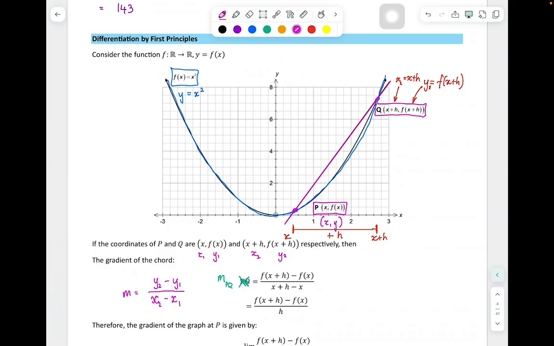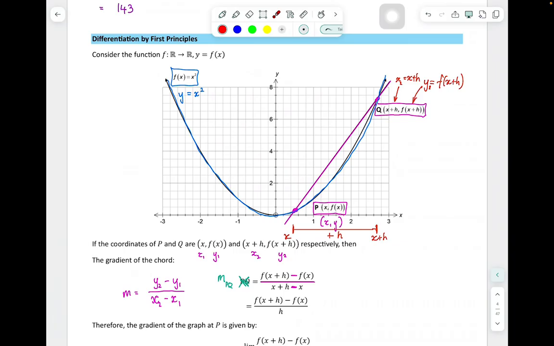Again, you can see the structural framework here of finding the gradient with the vinculum or the dividing line and our two minuses in between each term. The reason why it looks like this final form is because the x minus x cancels out and we are left with an h.